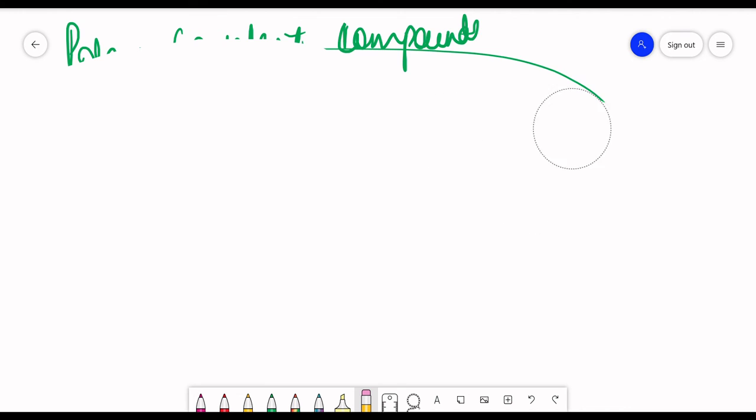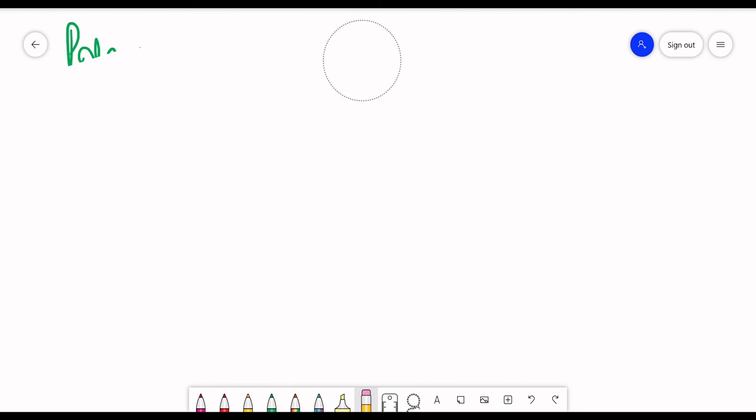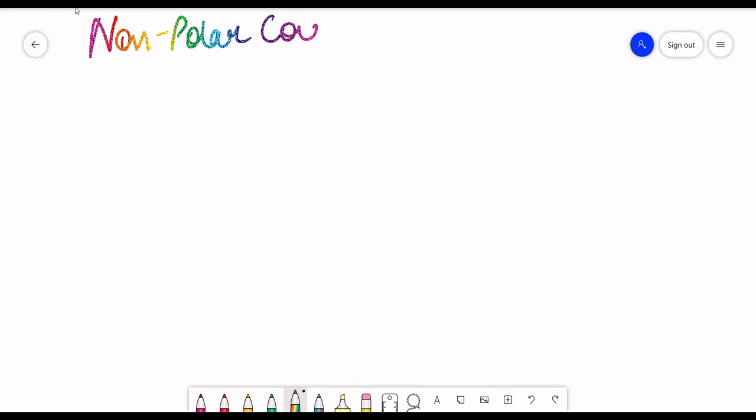Now if I talk about non-polar covalent compounds, I really love this color. Non-polar. If you love it too, then tell me in the comment section, right?